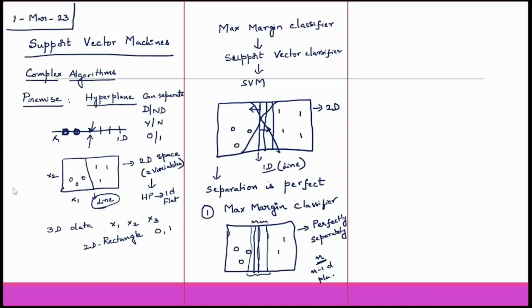It is very hard to visualize the n-1 dimensional plane. So that's the reason most of the time we talk about examples with respect to 2-dimensional data, and a 1-dimensional hyperplane, which is like a line being drawn to separate.